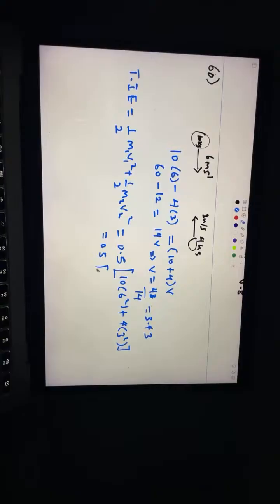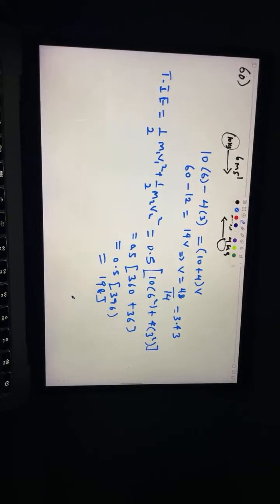This will be 0.5 into bracket, 10 times 6 squared, which is 36, so that will be 360, plus 4 times 3 squared, 3 squared is 9, that will be 36. So this will be 0.5 multiplied by 360 plus 36, which is 396. When you multiply that by 0.5, you have 198 joules. So total initial energy is 198 joules.